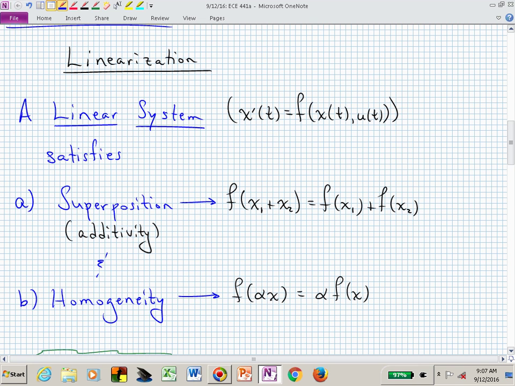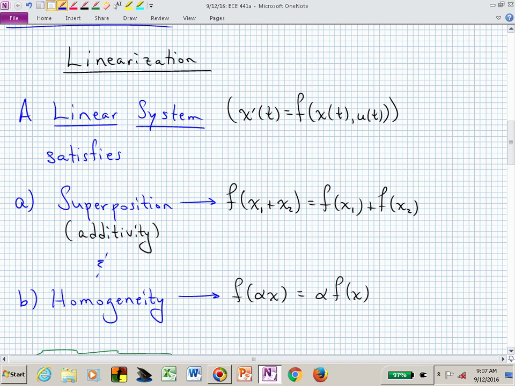But a linear system, like our x prime equal f, satisfies superposition, an additivity property. If you have two arguments that are added, then that should be the same as taking the function of each individual argument and adding that result.